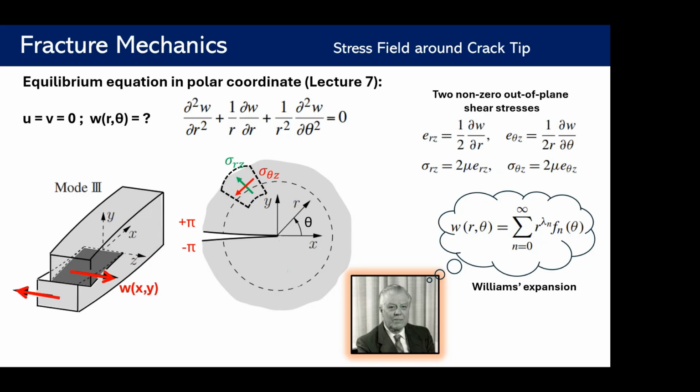So the separation of the variables into r and theta. We just assume that the final displacement field should have this functional form, and then substitute this functional form into the equilibrium equation and solve it to find f as a function of theta and r to the power of lambda.